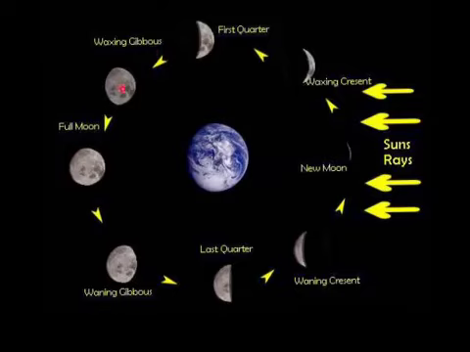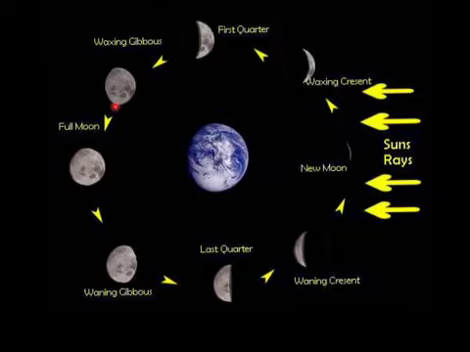And notice where the Moon is in relation to the Earth and the Sun. Now it's getting toward the opposite side of the Earth from the Sun. And again, we can see most of the Moon that's facing the Earth, but there's still a little bit that the Sun is not shining on, and so we do not see it.